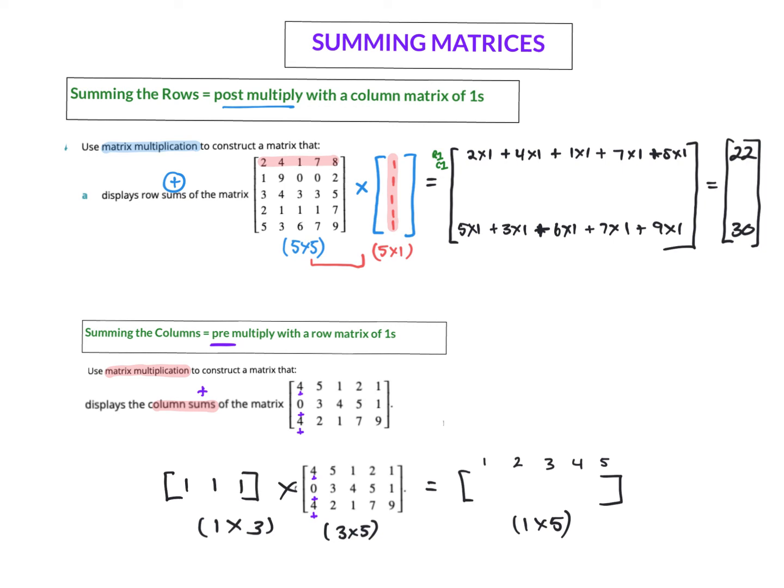And if we go run and dive, what it would do in this spot here, sorry, I didn't really leave enough room, is we would have 1 by 4 plus 1 by 0 plus 1 by 4. And so you would see 8 written there. And if you added up the columns, would you get 8 there? The column numbers? Yes. So see how that works? This is pre-multiplying, so you're multiplying before.